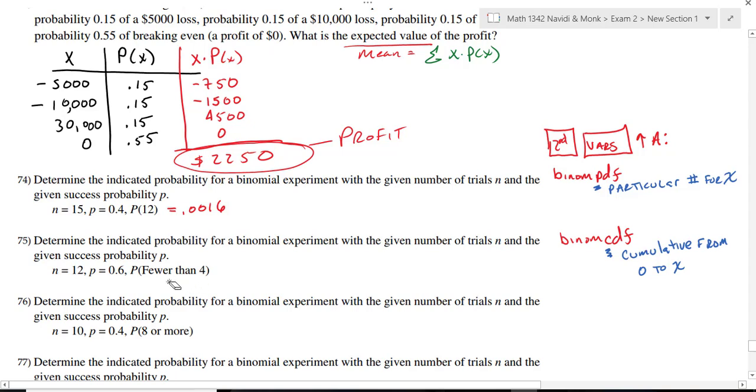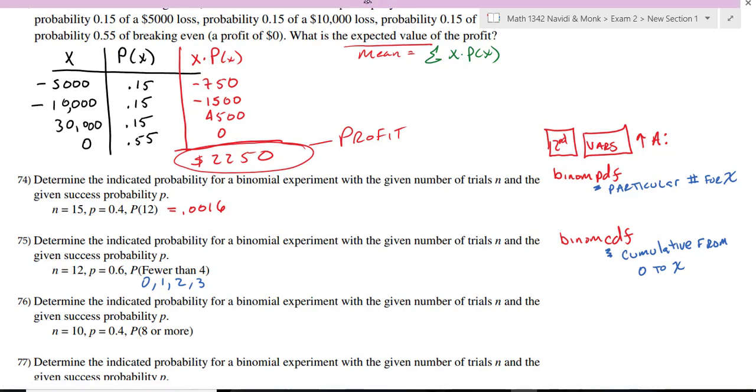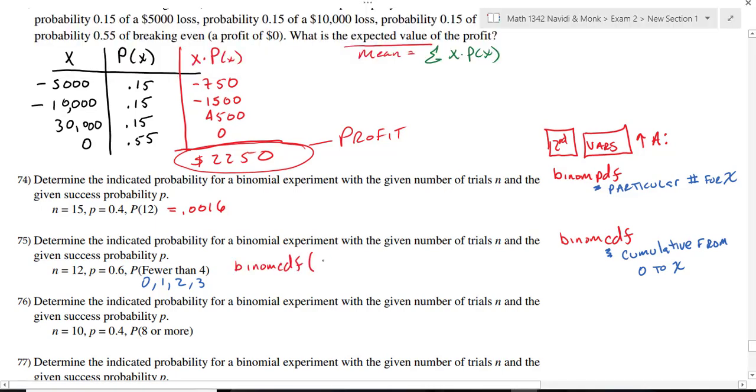Fewer than 4 would be 0, 1, 2, 3. Do I include 4? No, because 4 is not fewer than 4. So for this one, I would use the binomial CDF, where n is equal to 12, p is equal to 0.6, and x is equal to 3. But it's got to be the CDF.